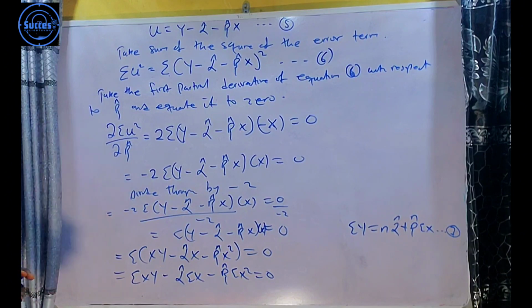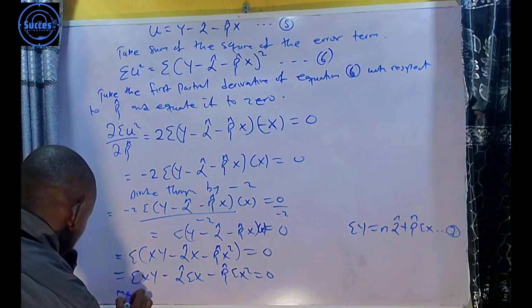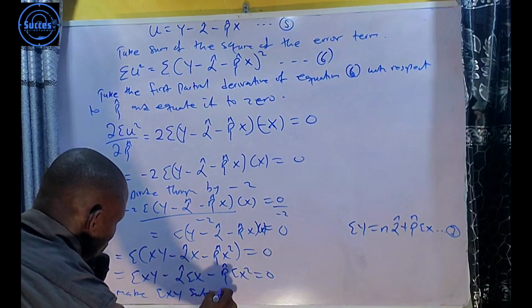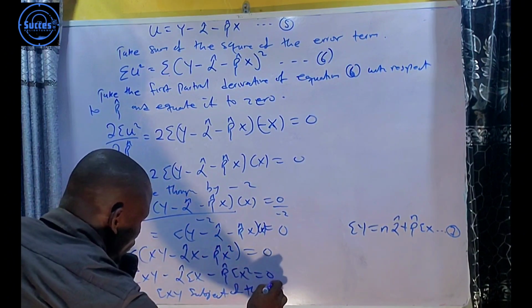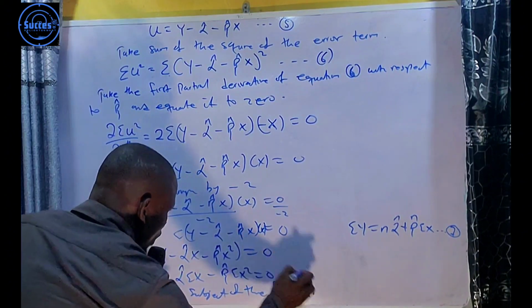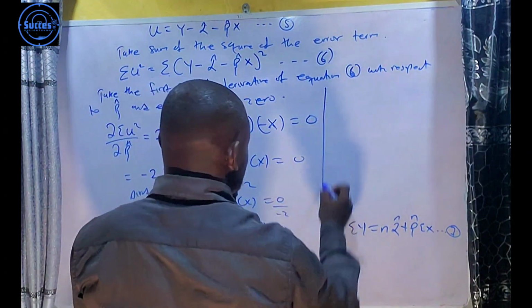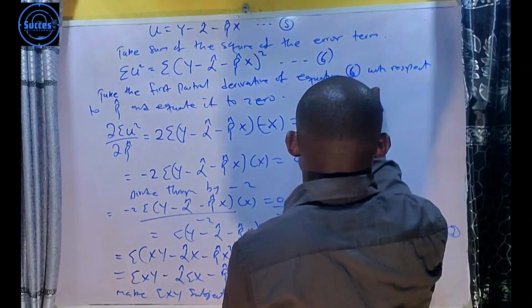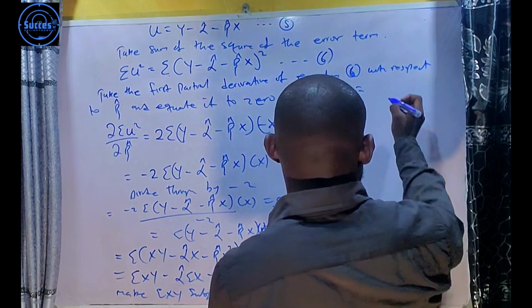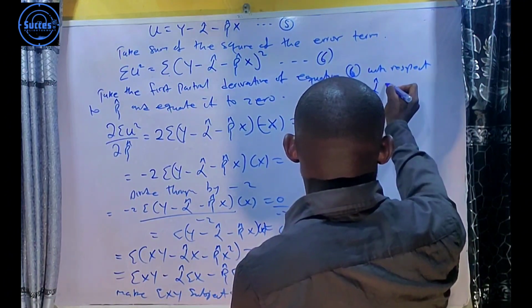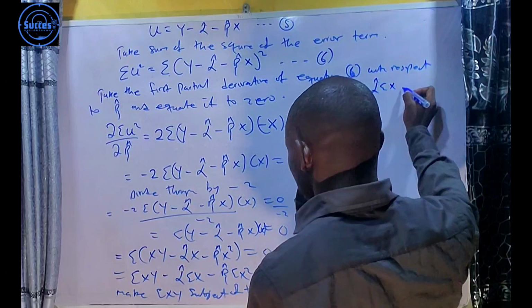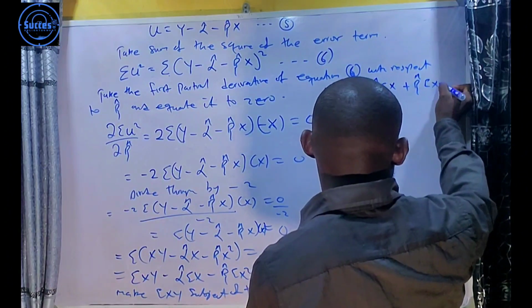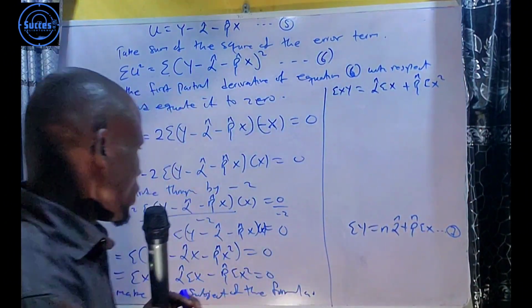So all you do from here is you make summation xy the subject of the formula. When you make summation xy the subject of the formula, you have summation xy equals alpha cap summation x plus beta cap summation x squared.